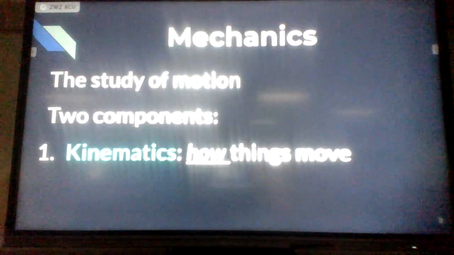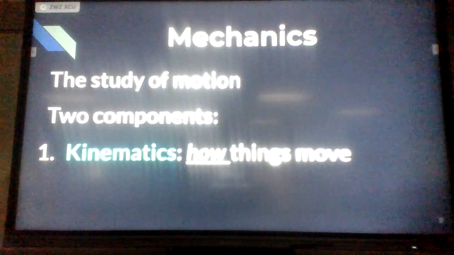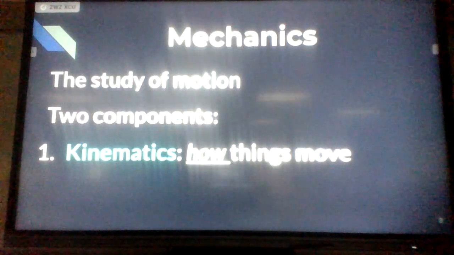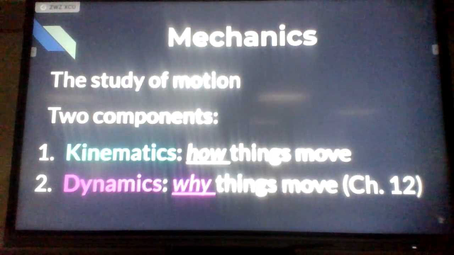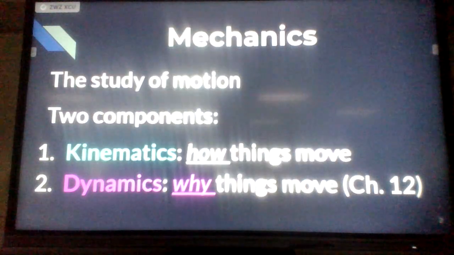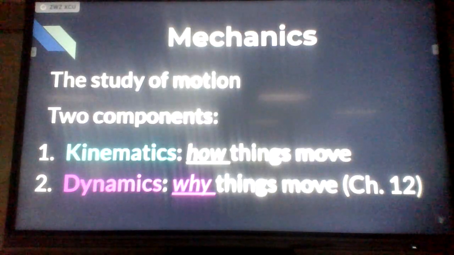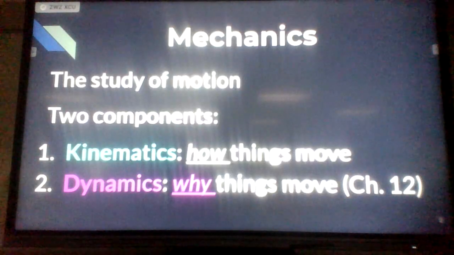We will look more at kinematics this time, how things move. And then a little bit later, and I mean a very little bit later, we will look at dynamics, why things move. Chapter 11 is about kinematics, how, and chapter 12 is about dynamics, why things move.